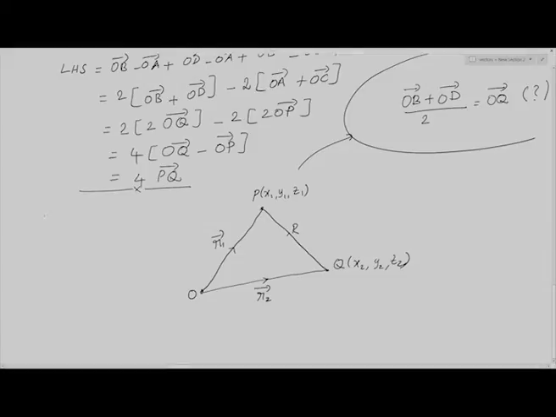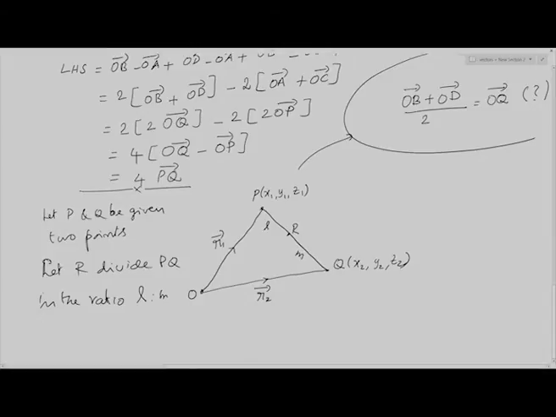So, let P and Q be given 2 points, and let R divide PQ in the ratio L is to M. If this is the point R, then this is L and this is M. So, internally R divides PQ in the ratio L is to M. Let us say the coordinate of R is x, y, z.